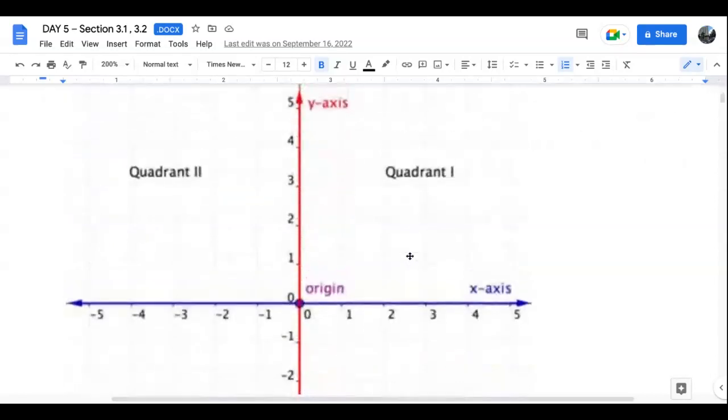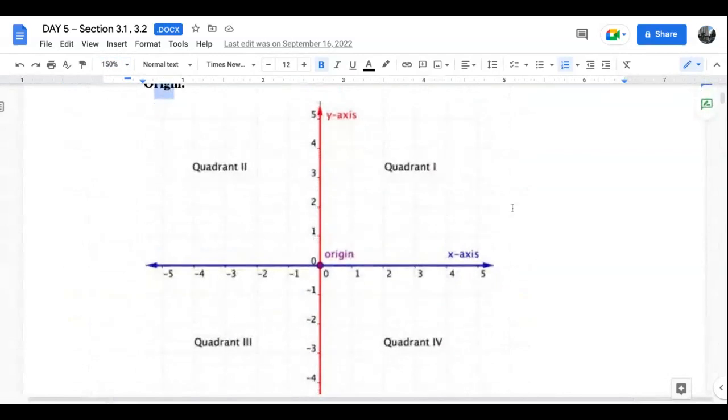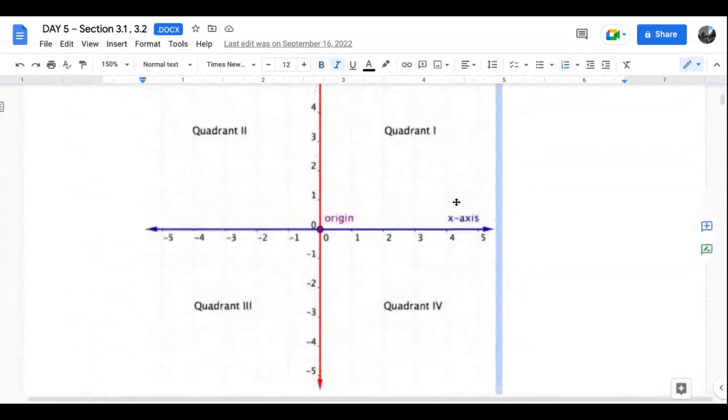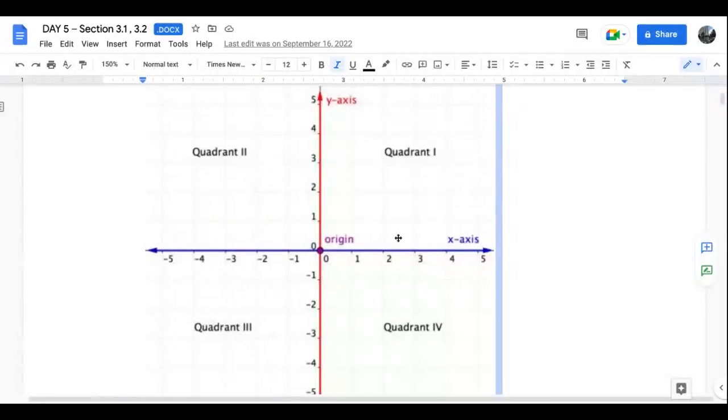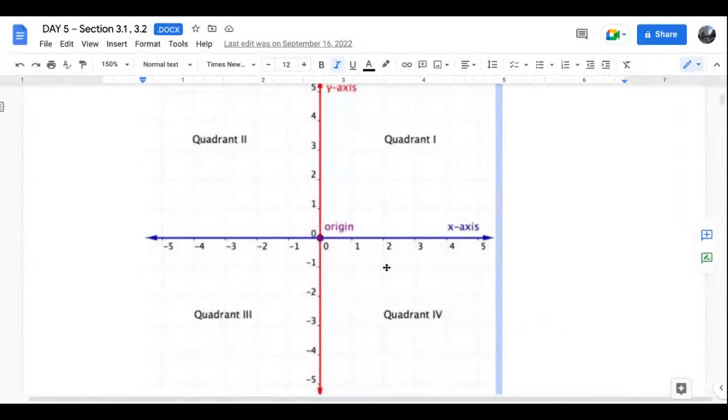Let's see this. Let me make it a little bit smaller. So this is the Cartesian coordinates. We have the x-axis, the blue color, the horizontal line, which represents one dimension value. And we have this red color y-axis. With those two, we can record two-dimensional data, right?